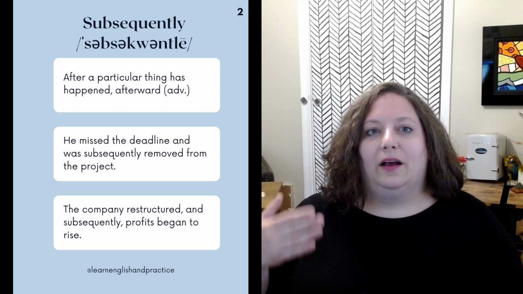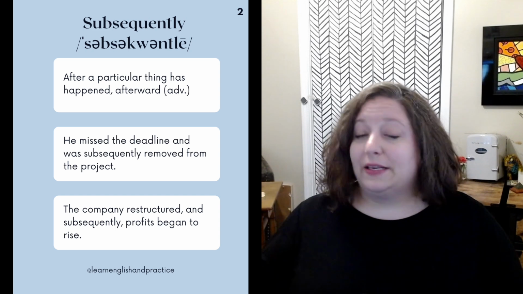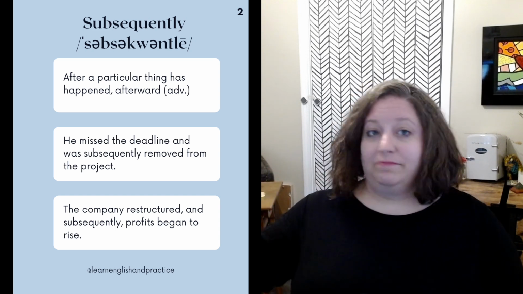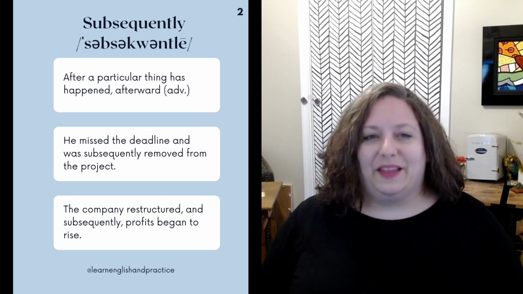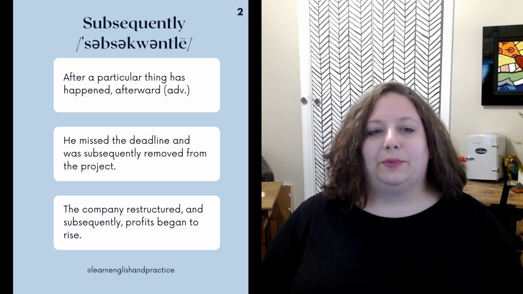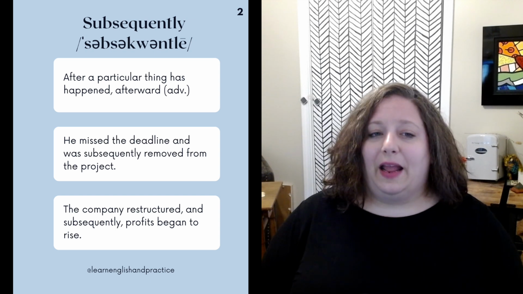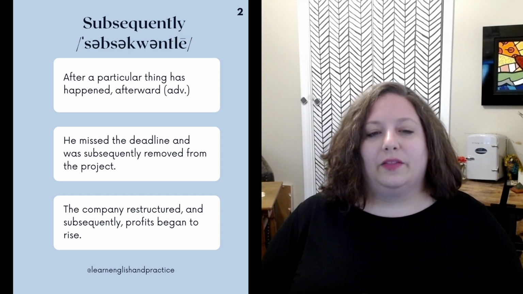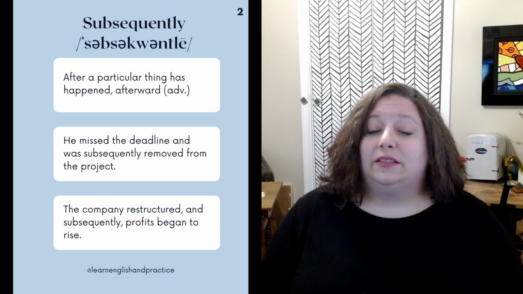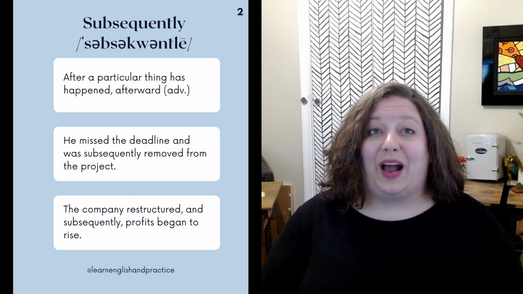You can say, this happened, subsequently this happened, subsequently this happened. It's really a word you can use to substitute "and then." Examples are, he missed the deadline and was subsequently removed from the project. The company restructured and subsequently profits began to rise.